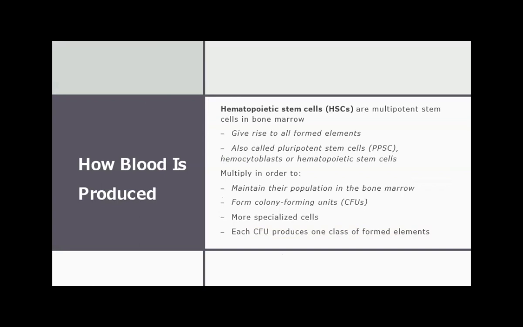Okay, stem cells. These hemopoietic or multipotent stem cells live in the bone marrow, and they give rise to all of the formed elements. So when you have a bone marrow transplant, it's these hemopoietic stem cells that they're going after.